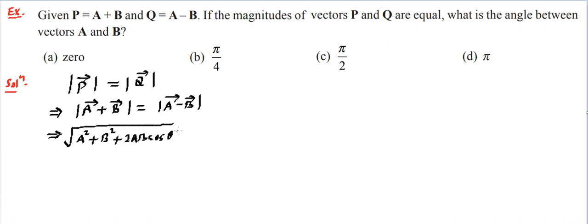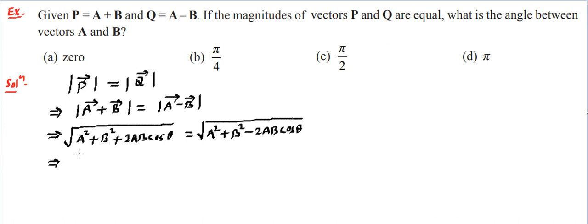where in this cos theta, theta is the angle between vector a and vector b. Now on the right hand side we are going to write a similar type of expression in which we write a square plus b square, and then we need to write minus twice ab cos theta. Mind it, this theta is the same as the theta on the left hand side because this theta is the angle between a and b. Now if you are agreeing to this point, then it's almost over.